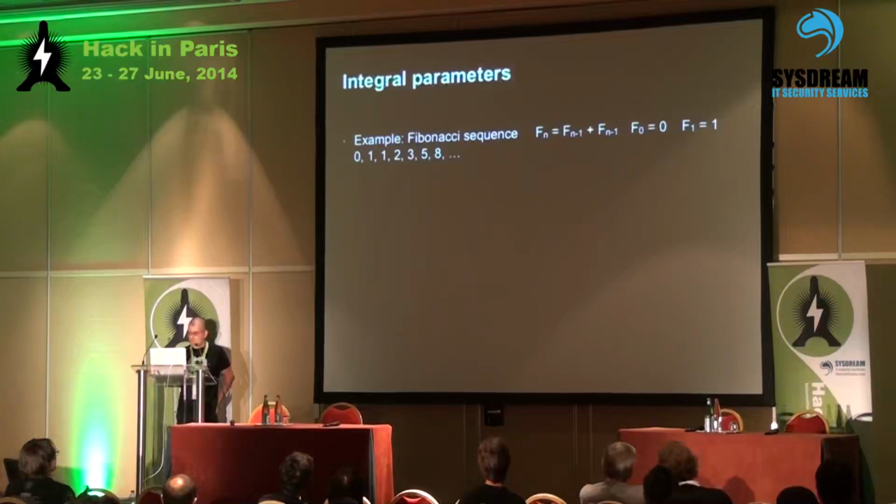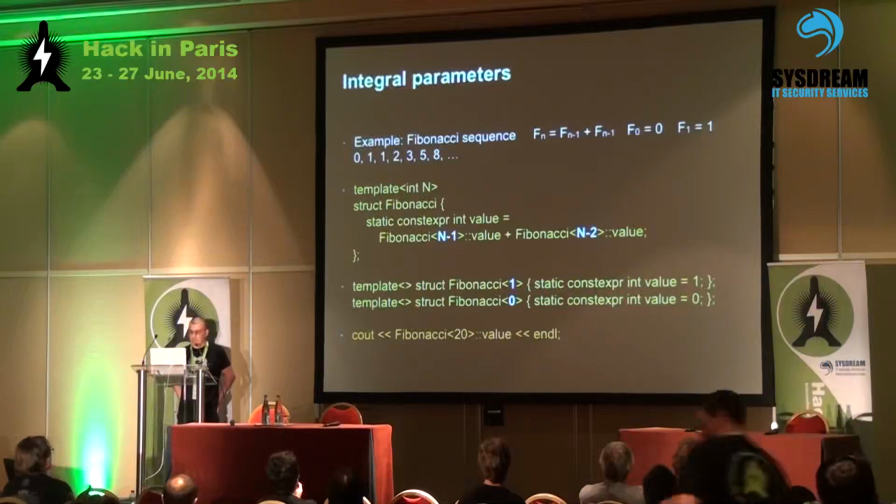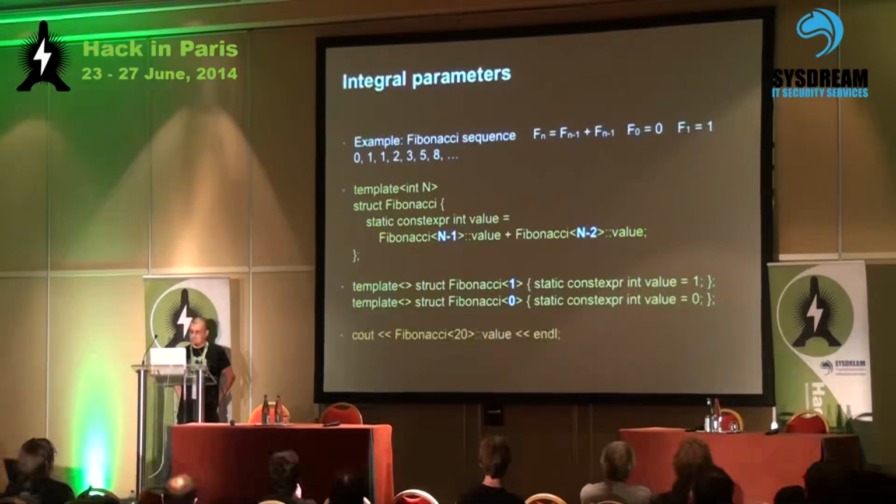If I try to represent this with C++ templates, I'm declaring a struct, a class called Fibonacci. And I have an integer, which is called value in this case, and value is simply the sum of the previous two items in the sequence.